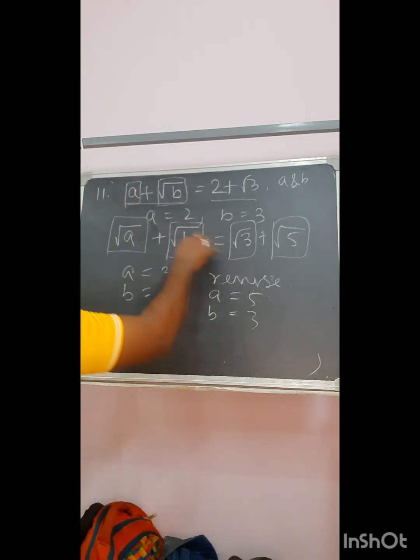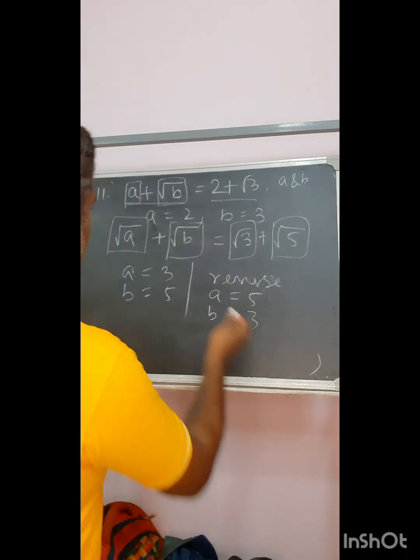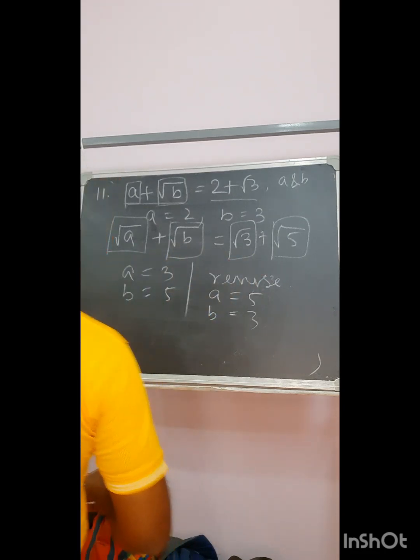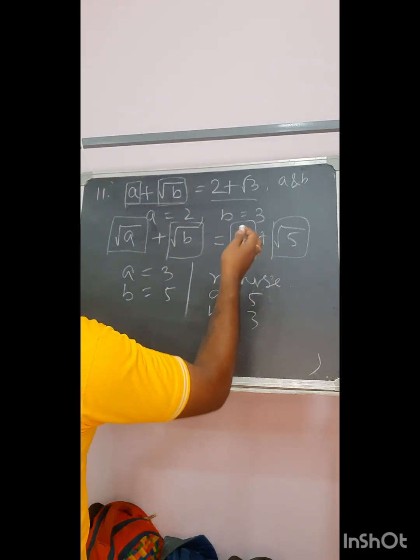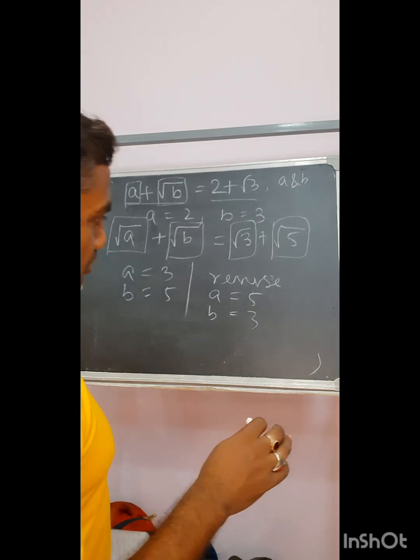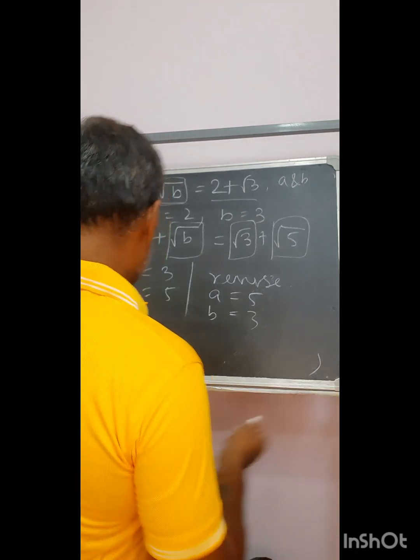For anything, this equation is satisfied. These are some auxiliary rules for sets.